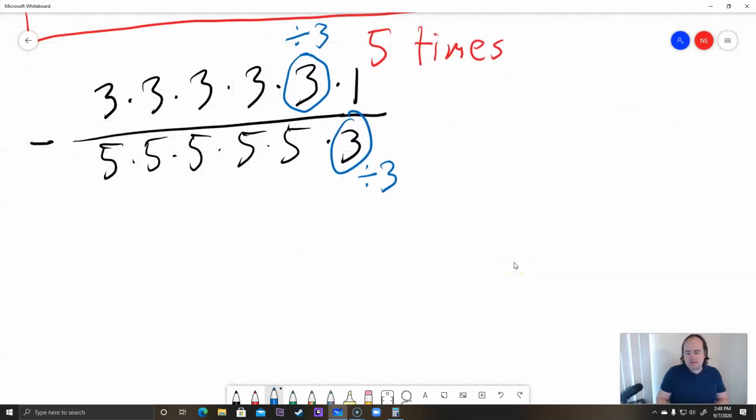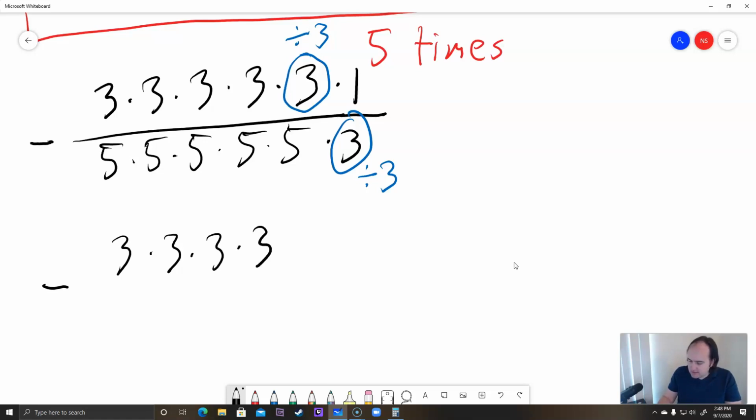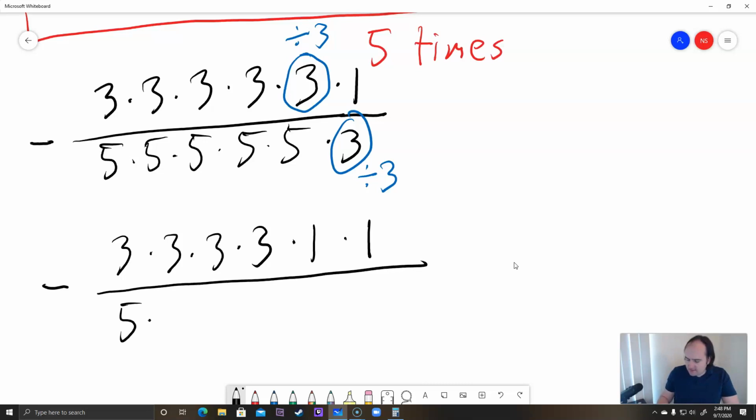Okay, so after we do that, what do we end up with? Well, on the top we have negative 3 times 3 times 3 times 3 times 1 times 1, because 3 divided by 3 is 1. And then on the bottom we have 5 times 5 times 5 times 5 times 5, and then 3 divided by 3 is 1 on the bottom.